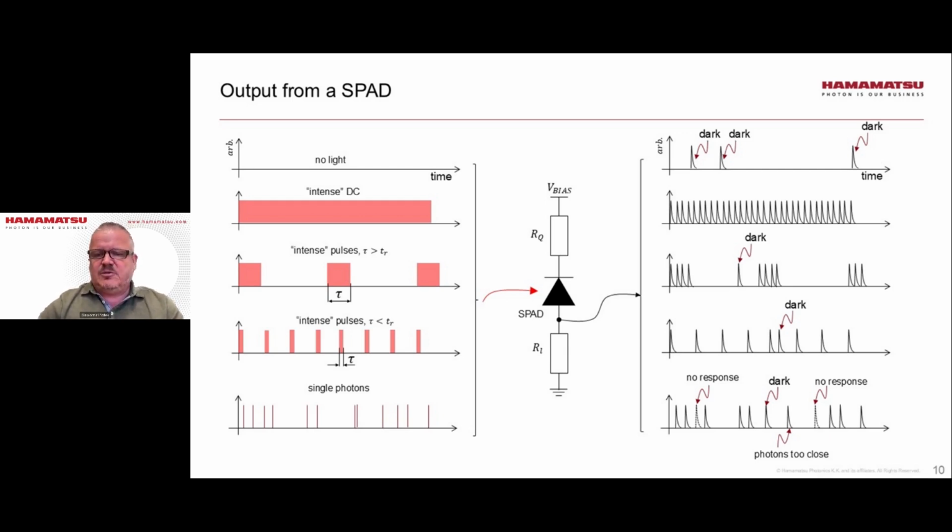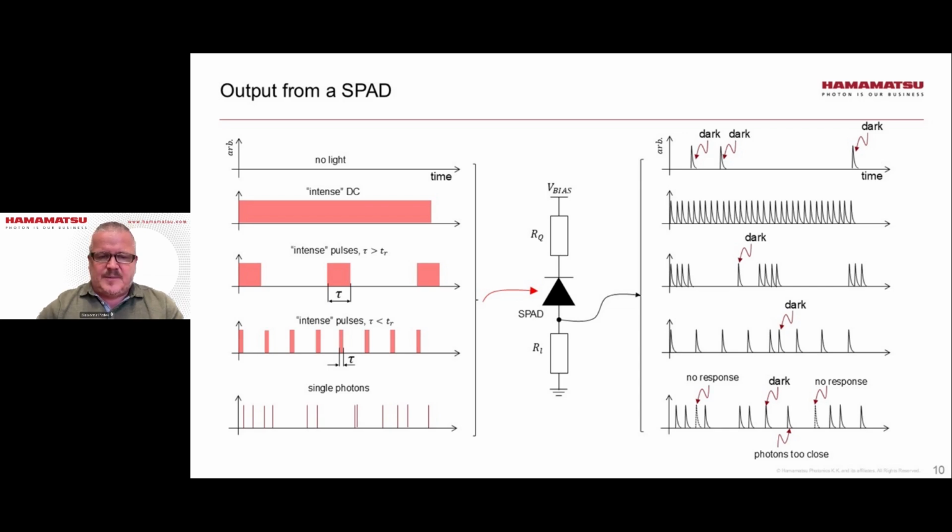In this case, I would get a burst of pulses, and these pulses would consist of one electron waveforms, plus some dark events interspersed. On the other hand, if I have intense pulses, but with a time duration shorter than recovery time, I'm just going to get a single pulse in the output of the SPAD for a single light pulse on the input.